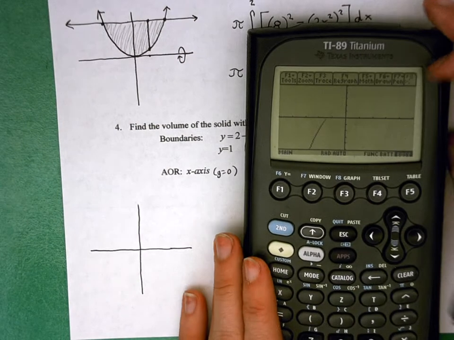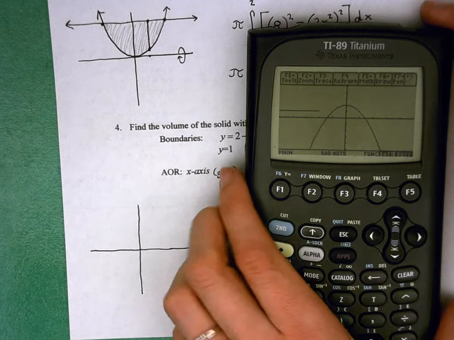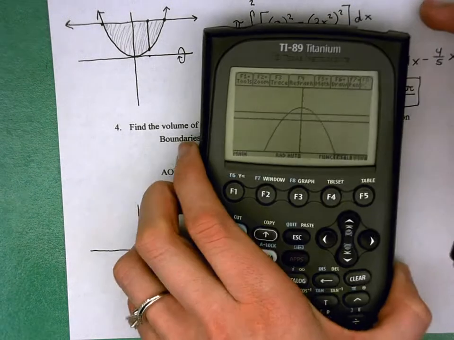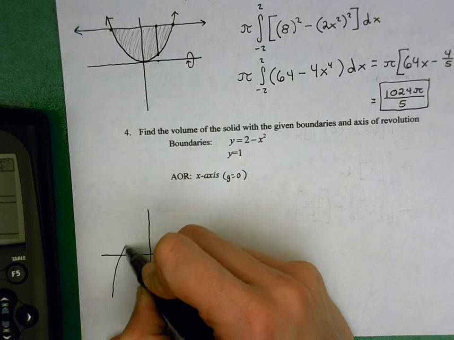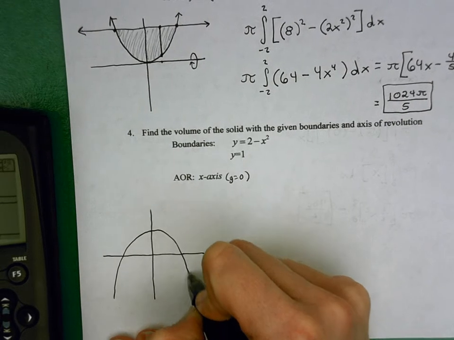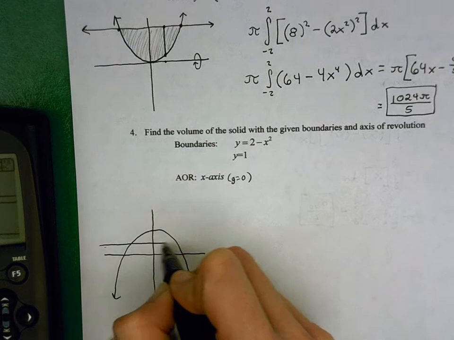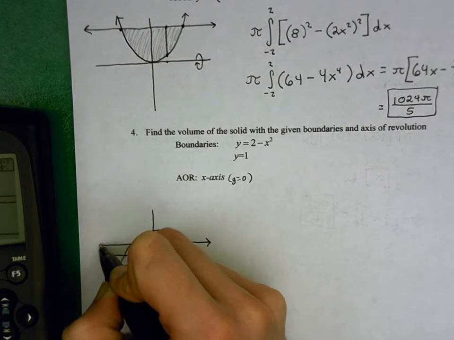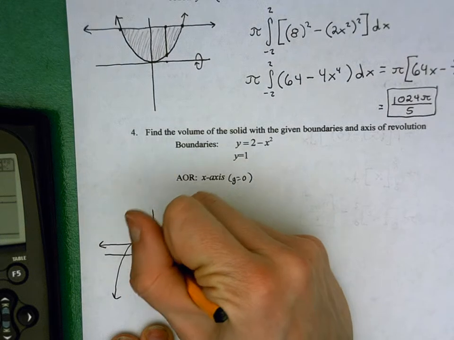We're going to get an upside down parabola and a horizontal line at y equals 1. Okay, so let's go ahead and sketch that. We have our upside down parabola and our horizontal line at y equals 1. Okay, so we're finding this shaded region here.